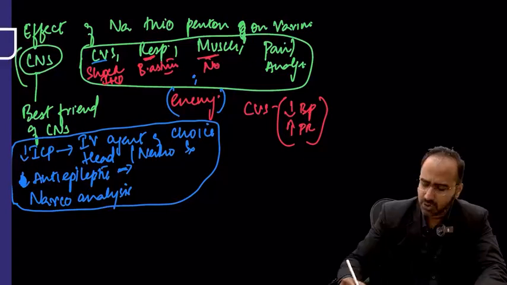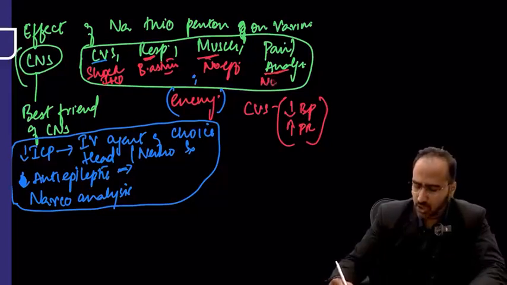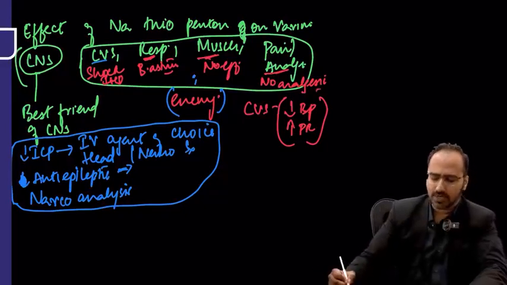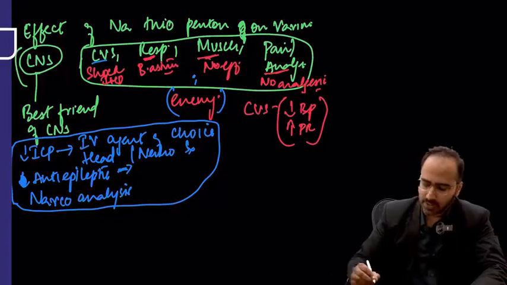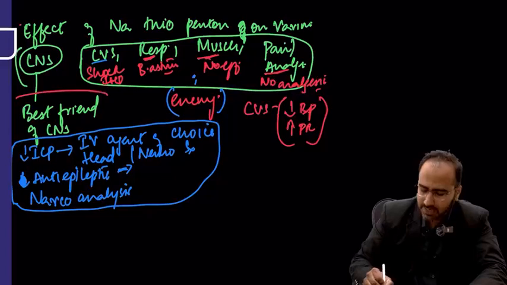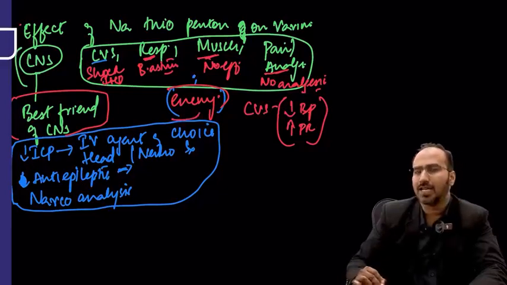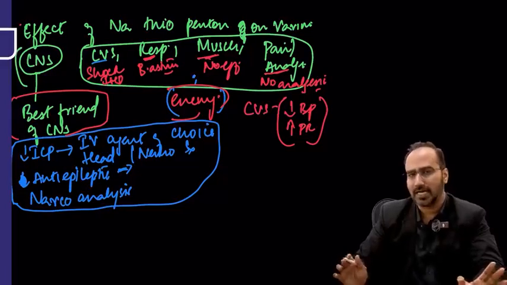Sodium thiopentone has no effect on muscle. Sodium thiopentone, as it is an enemy of the analgesic system, there is no analgesia. It has no analgesic effect. Instead, it causes pain. Okay, that is regarding sodium thiopentone. So if you remember this one line, that sodium thiopentone is the best friend of CNS and enemy of all other systems, you can remember the good points and you can also remember the contraindications.